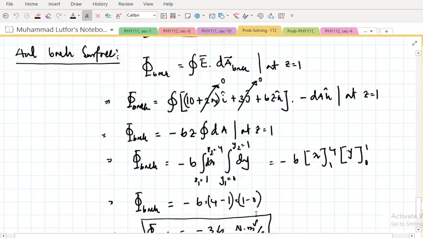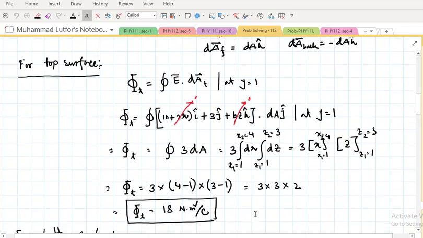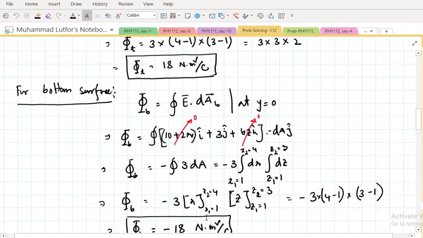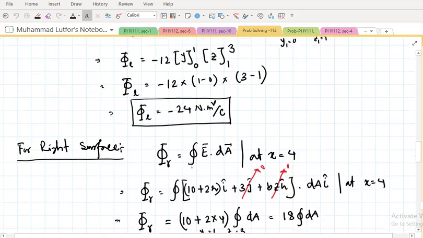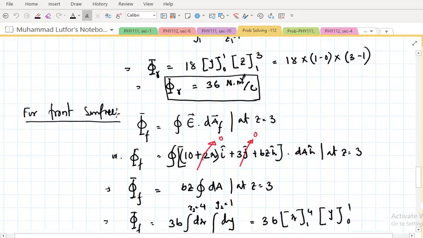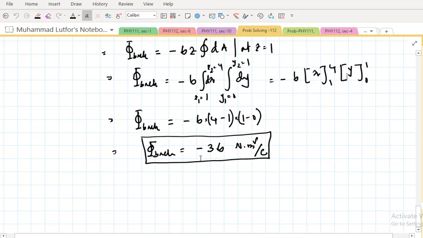Fine. Now I have found the flux for the different six surfaces. This is for the top surface, this is for the bottom surface, this is for the left surface, this is for the right surface, this is the front surface, and this is for the back surface. Now I can write the net flux.